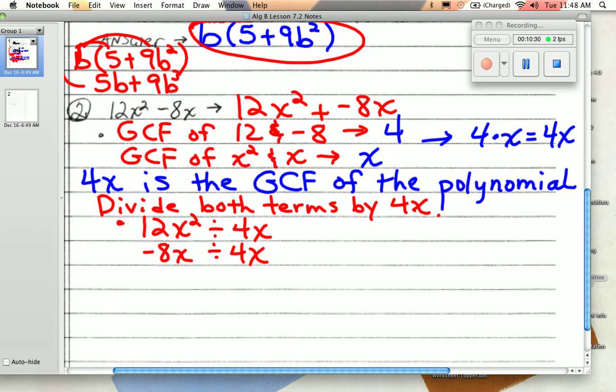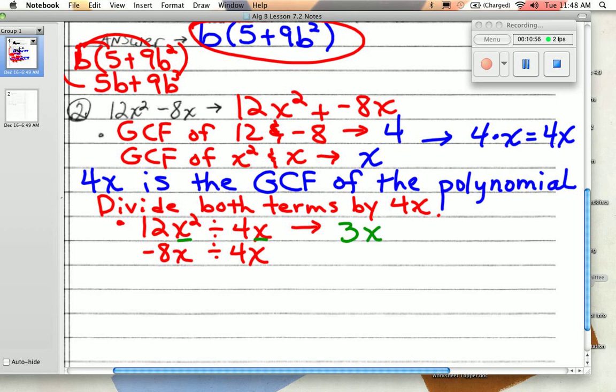So this is where we are trying to not show as much work. What's 12 divided by 4? 3. I just want to know what 12 divided by 4 is. That's all right. What's 12 divided by 4? 3. What's x squared divided by x? And that's x.